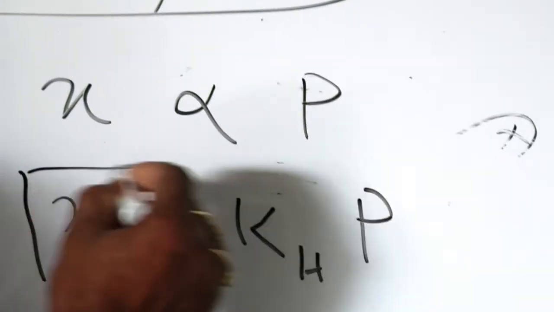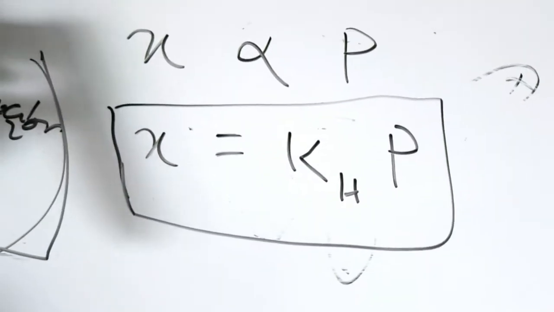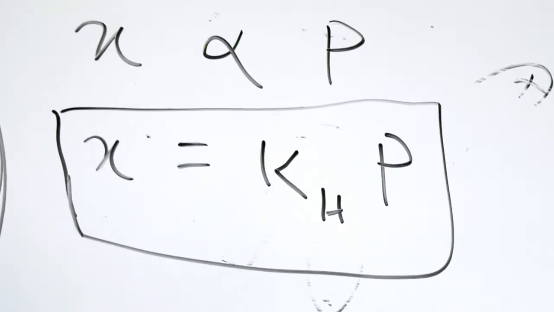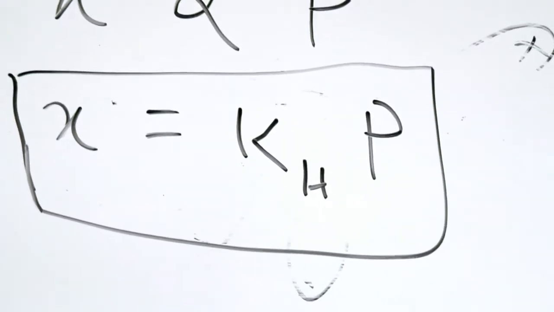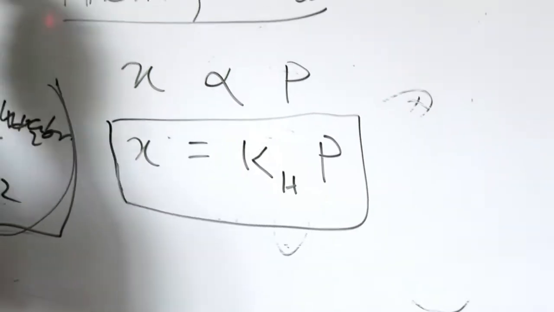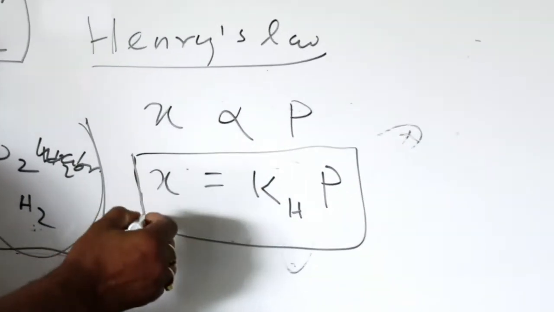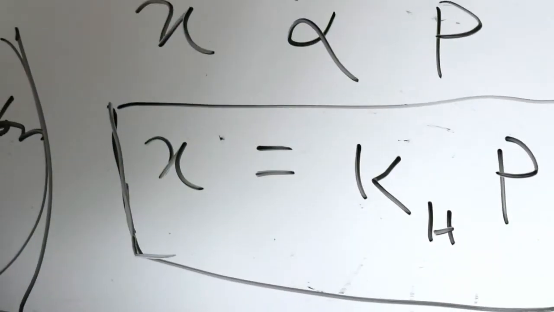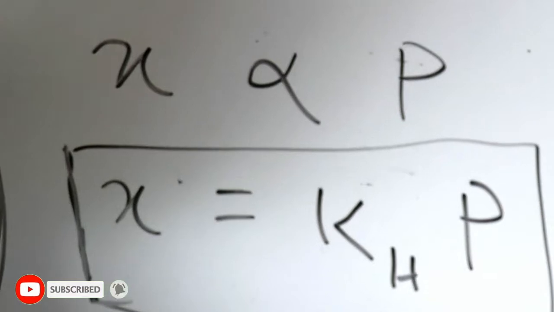This Henry's law is valid only at not very high temperature and not very high pressure, and it is applicable when the gas dissolves to some extent even without pressure. So X = kH × P is the mathematical form of Henry's law.